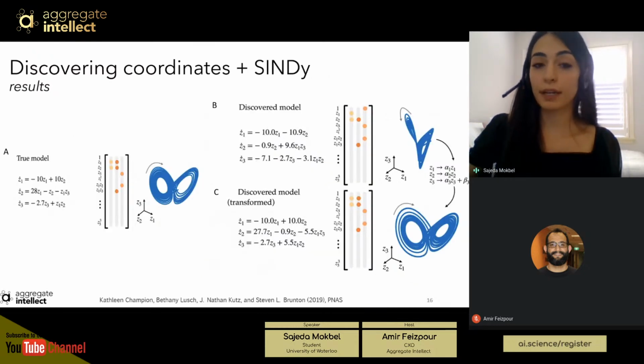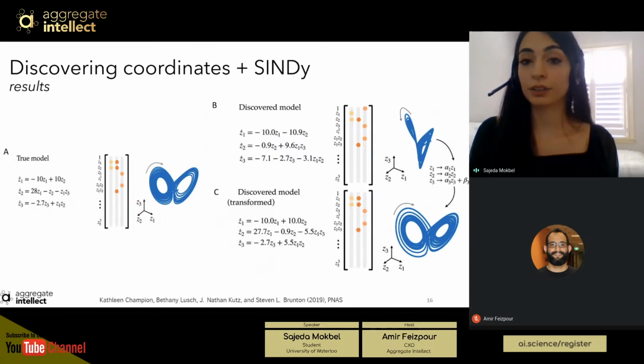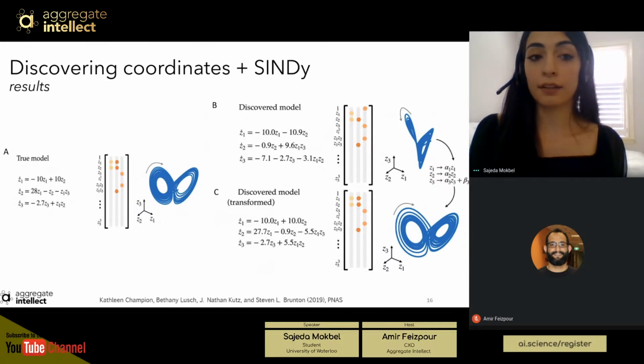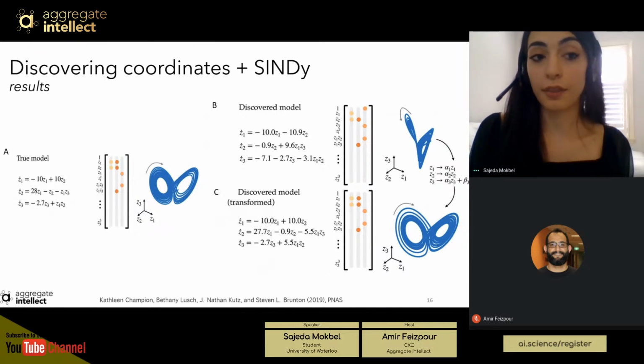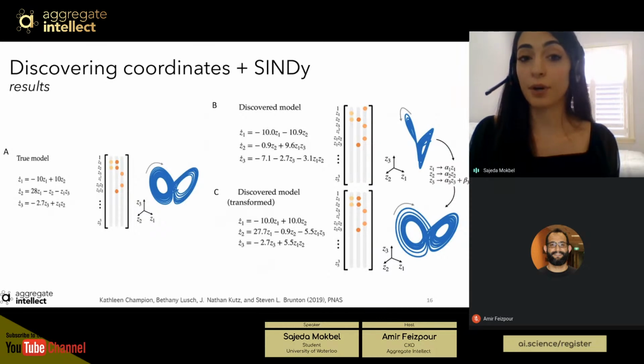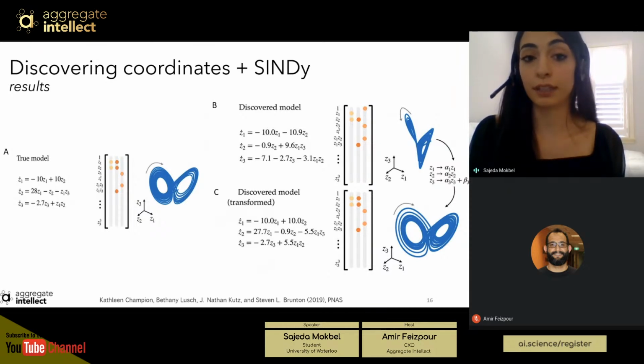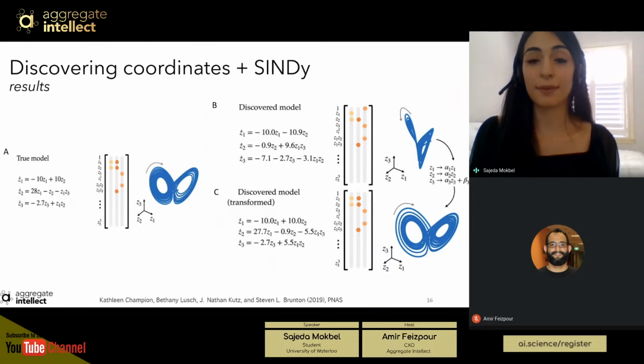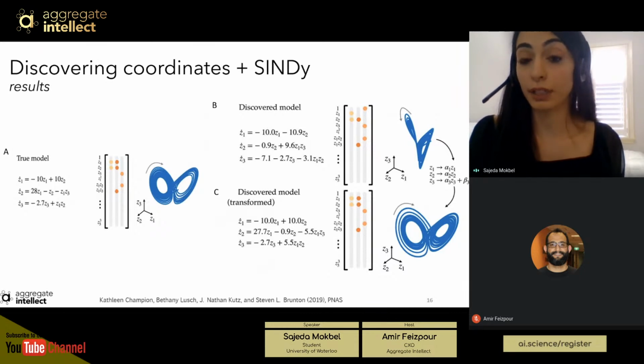And so they also applied it to the Lorenz attractor example that I showed you initially. We know the true model on the left, A, and then the discovered model, B. You can see it's not really similar to what it's supposed to be, but it has the same number of coordinates. Some of them have the right parameters. However, there are some differences in how Z2 dot and Z3 dot are computed.